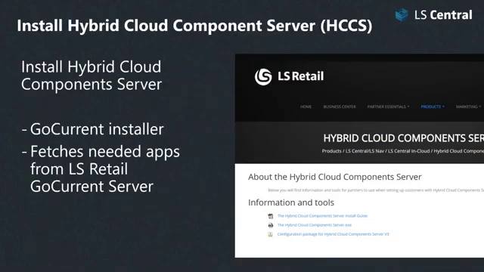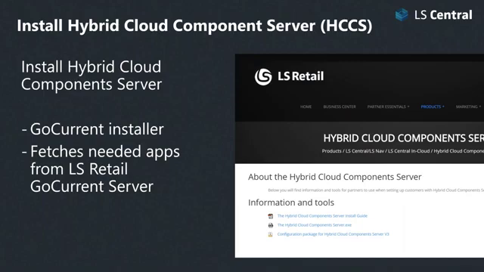Hybrid Cloud Component Server, which we can abbreviate HCCS going forward in this presentation, will be available on the portal for download. There you can find a very detailed install guide. We put a lot of work into that to make this as smooth, easy, simple, and standardized as we can.